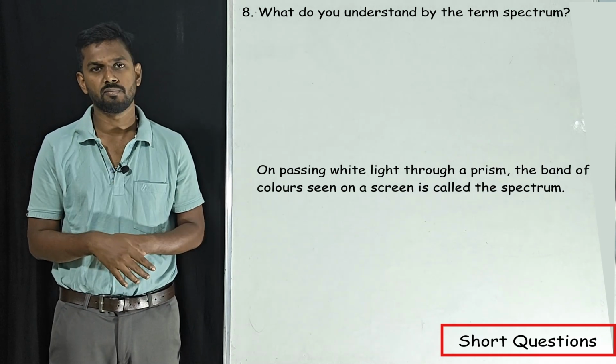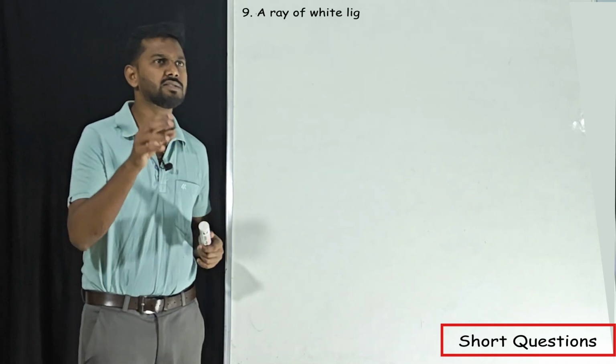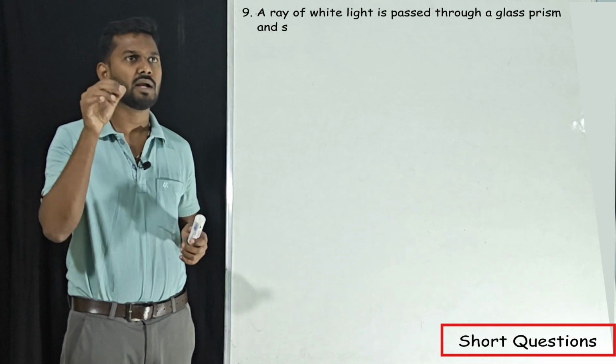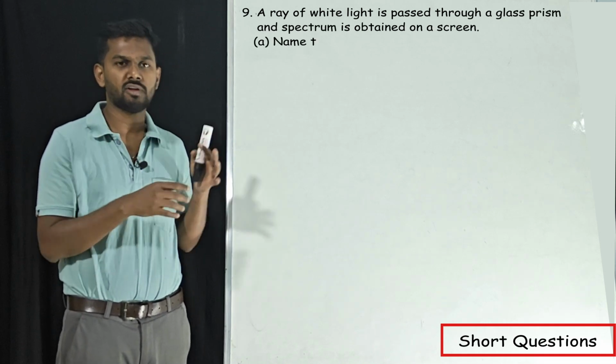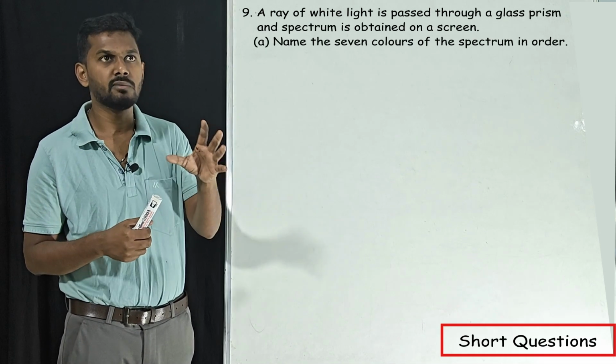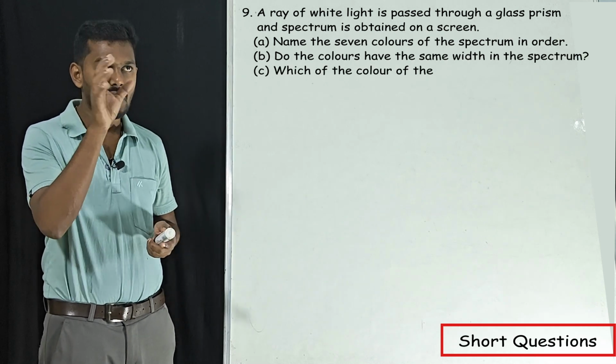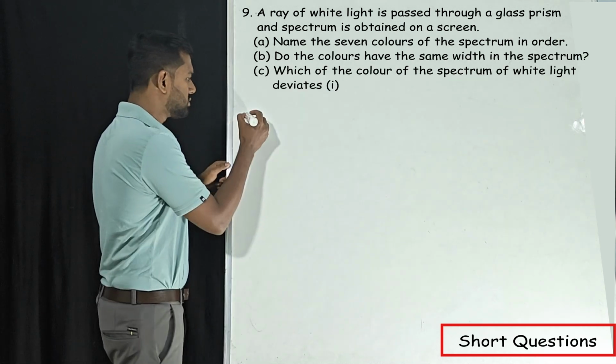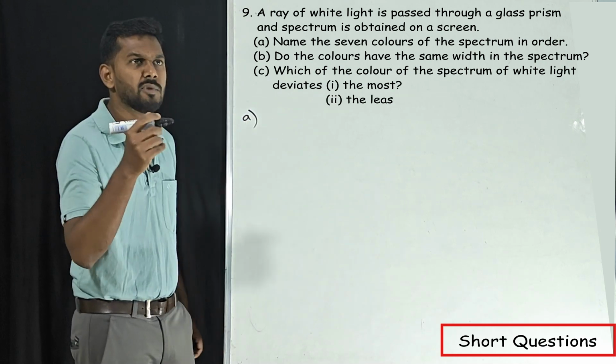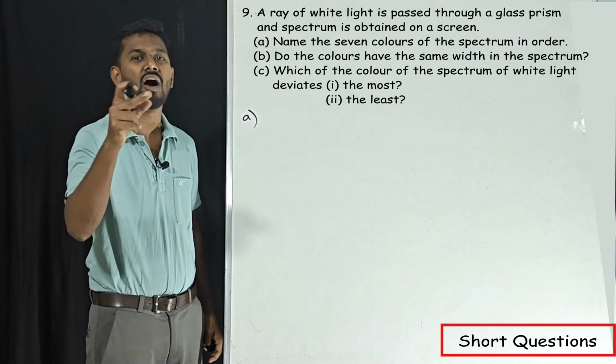Our next question: a ray of white light is passed through a glass prism and a spectrum is obtained. Whenever a ray of light is passed through a glass prism, different colors are obtained on a screen. Name the 7 colors of the spectrum in order.